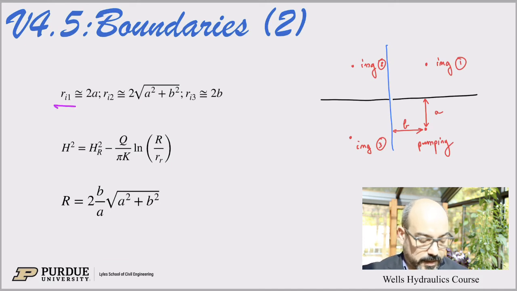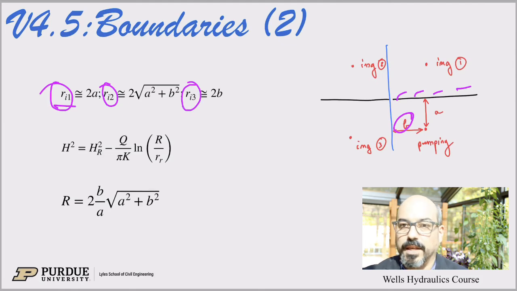Now we can see that because we're at a distance A from that mountain range and B from the river, we can write the distance of the imaginary wells as 2a and so on and so forth, just by geometry.